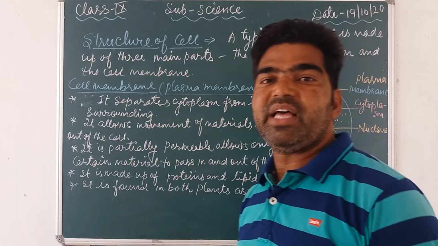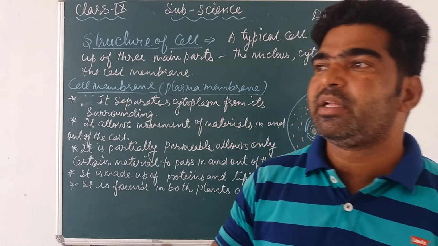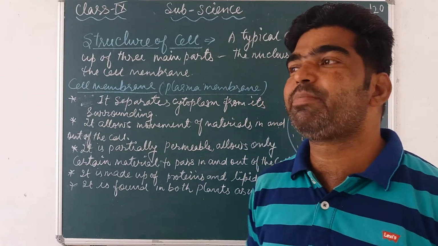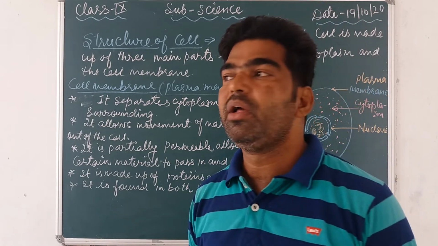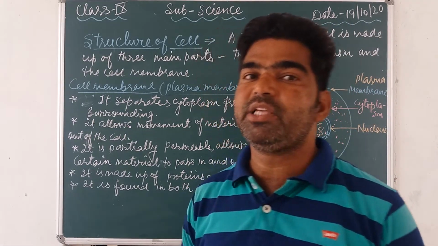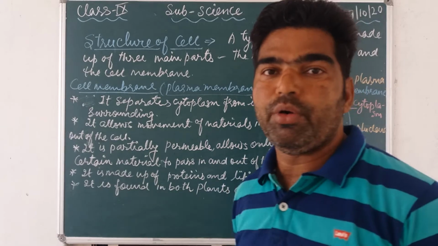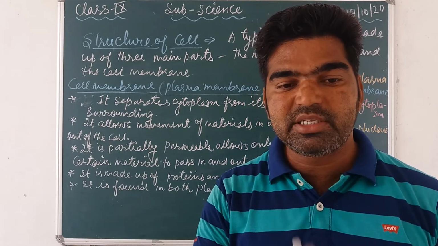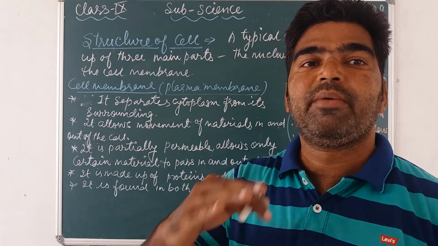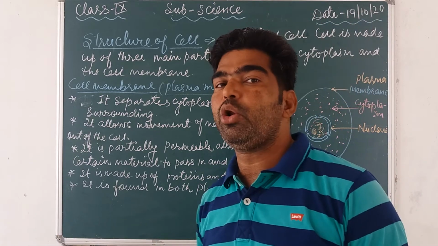So first one, diffusion. Diffusion means what? You can define it as the movement of gaseous particles from a higher concentration to a lower concentration. So it is the movement of gaseous particles from higher concentration to lower concentration.